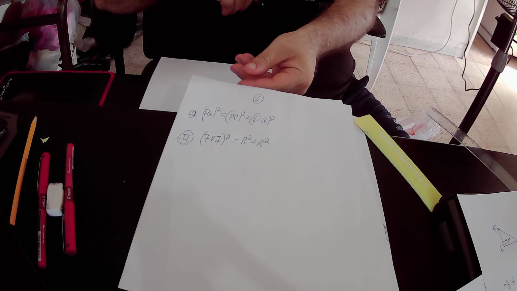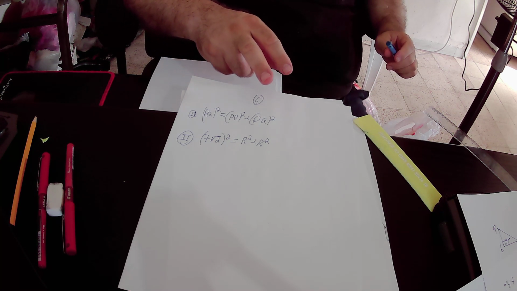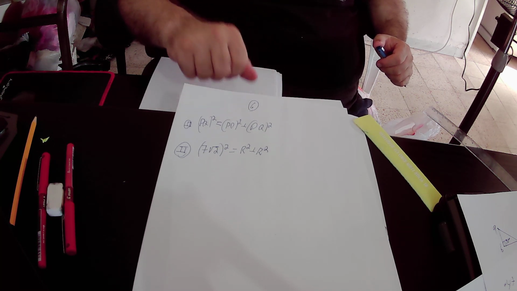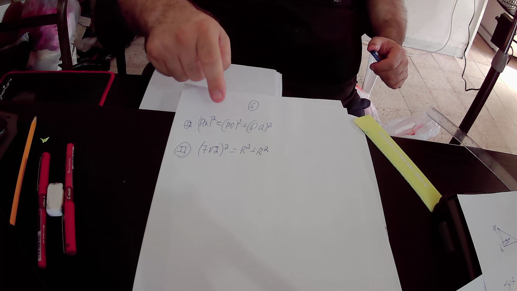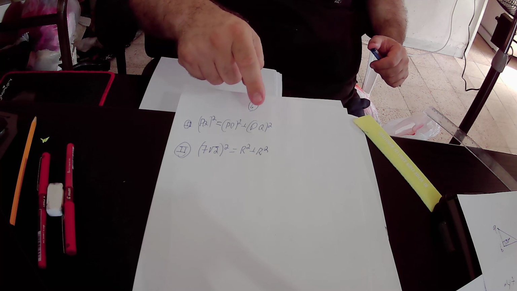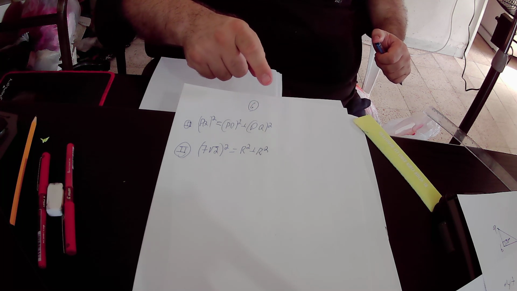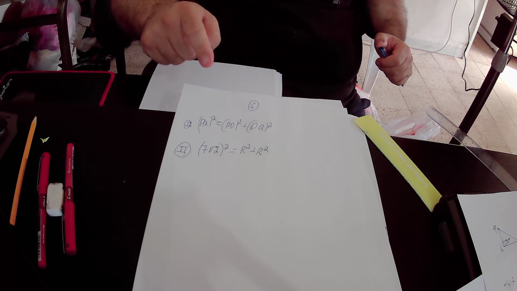So we got that 7 times root 2 square equals R square plus R square. PQ equals 7 times root 2, so we substituted PQ by 7 times root 2. PO equals capital R, so we substituted PO by capital R, and OQ equals capital R, so we substituted the OQ by capital R.